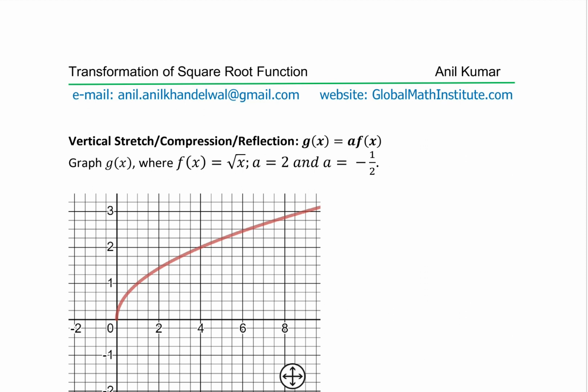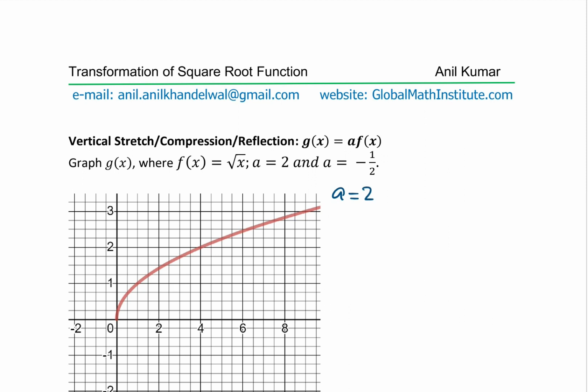So now we have to graph g of x where f of x is square root x and the value of a is given to us as 2 and a is equal to minus half. So there are two different values of a which will result into two different cases. So we'll take these cases one by one. So let's take the first case where a equals 2, right?